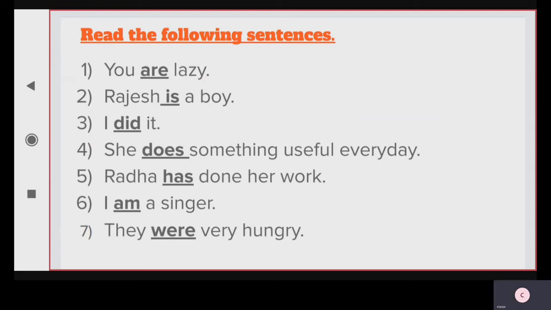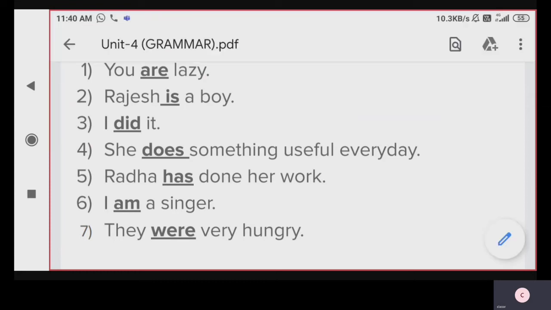You are lazy. Rajesh is a boy. I did it. She does something useful every day. Radha has done her homework. I am a singer.